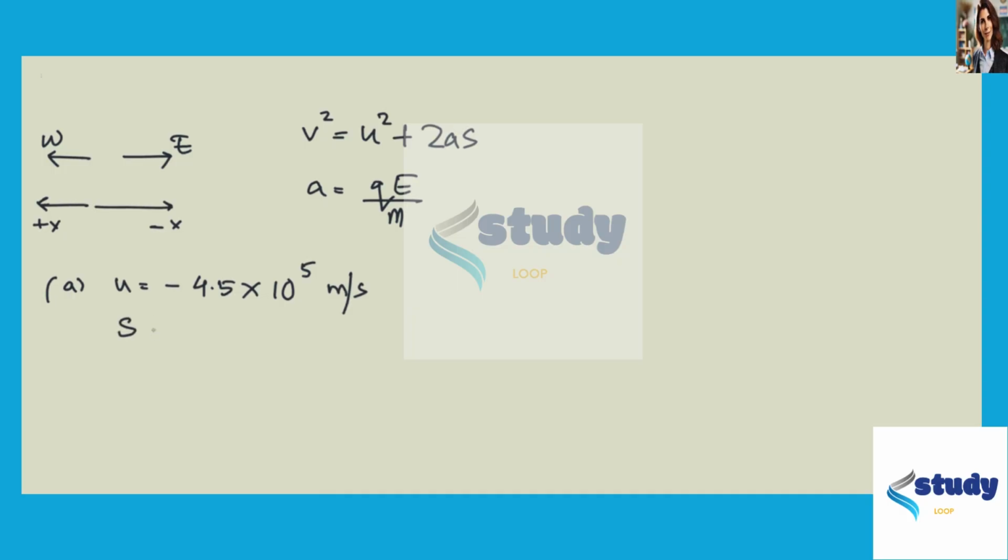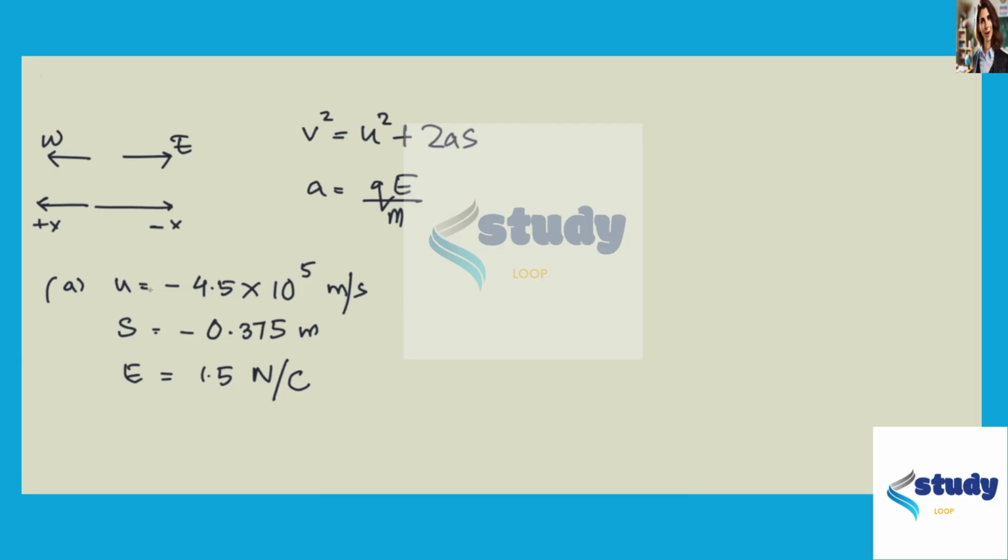The displacement s is in the east, so it will be negative, just like the initial velocity, and that is equal to negative 0.375 meter. And the electric field is towards west, so this should be positive and has a value 1.5 Newton per Coulomb.